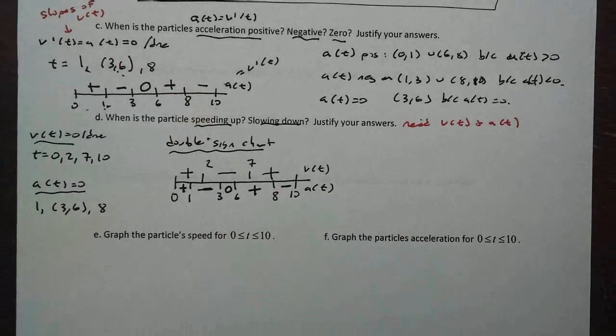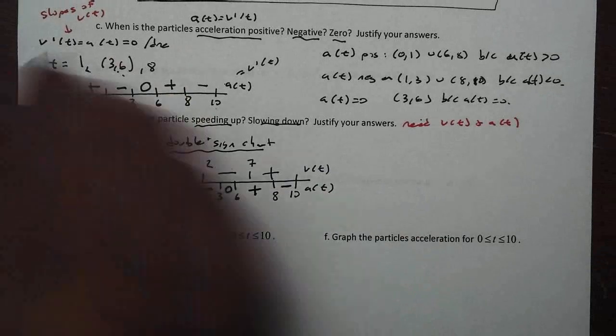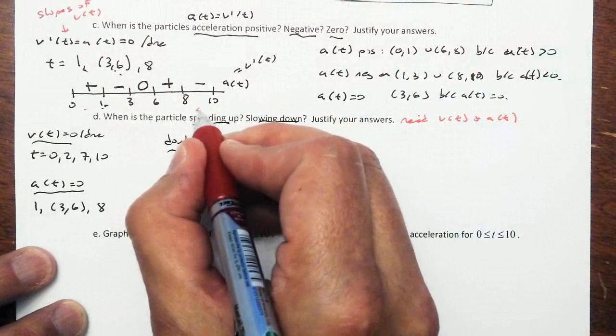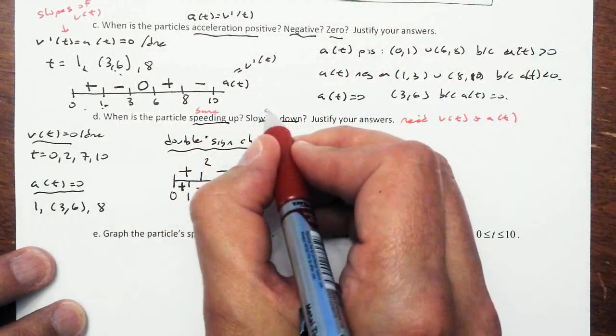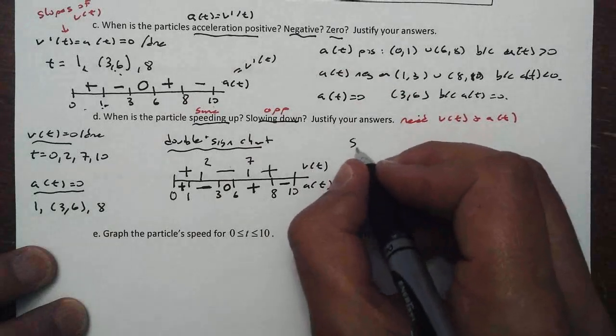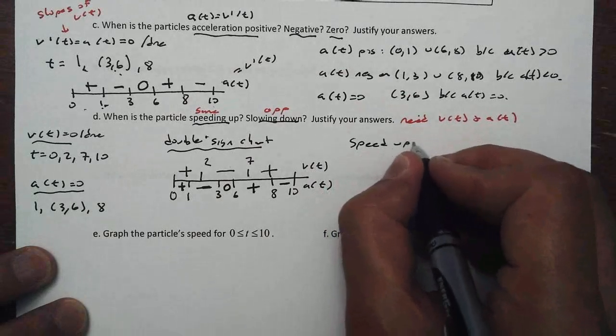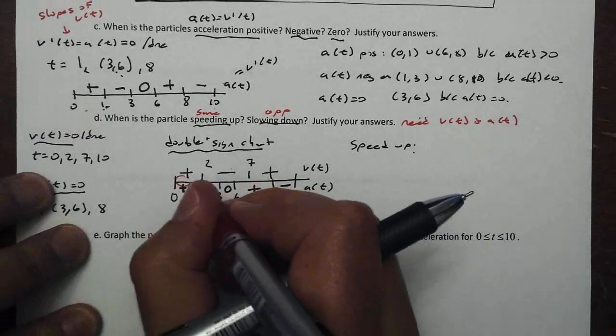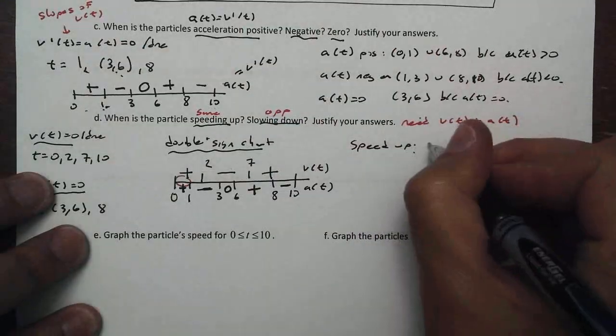So if I'm looking for where this is speeding up, remember speeding up, they are the same signs. I'm slowing down, we want opposite signs. So we are speeding up when the signs are the same. Look, between 0 and 1, they're both positive.